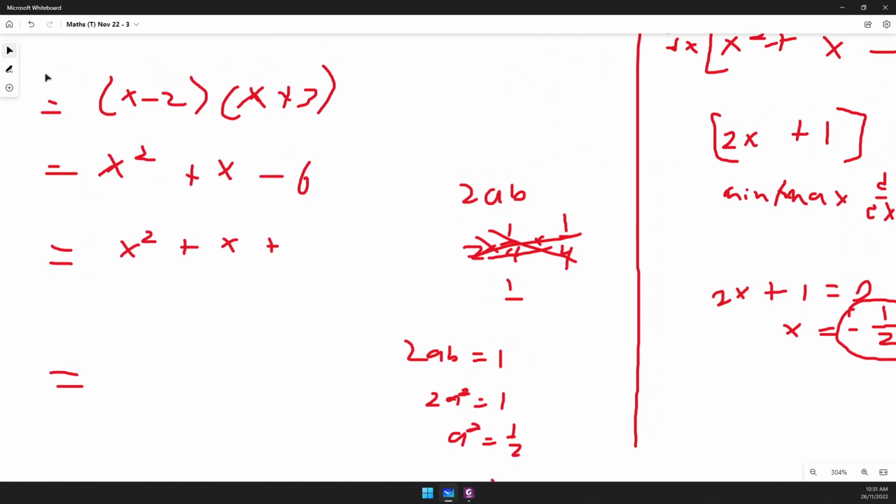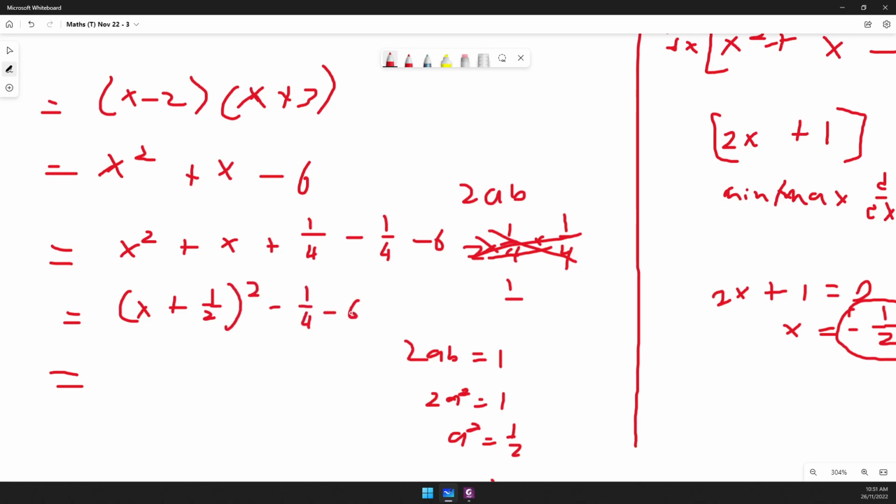Okay, so I put here 1 over 4, then minus 1 over 4 minus 6. Then I know this one I can simplify. I can get x plus 1 over 2 squared minus 1 over 4 minus 6.